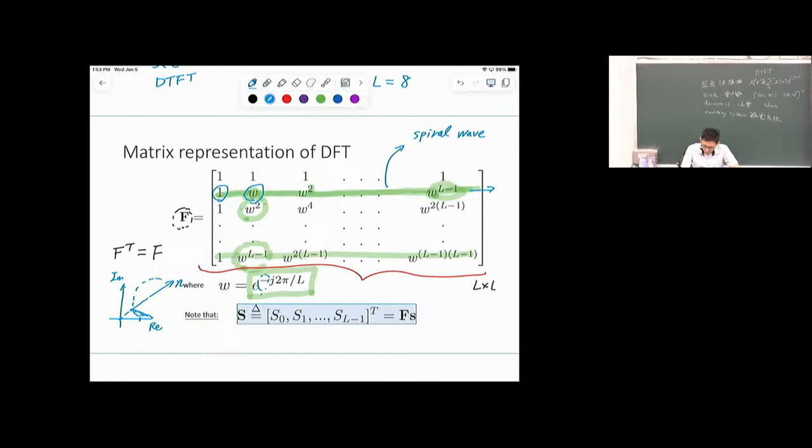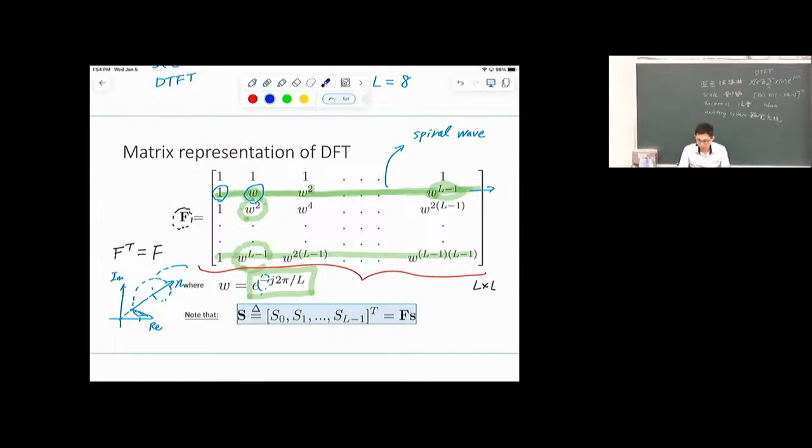It goes this way, clockwise, when time proceeds. As time is proceeding, if you plot the real part and imaginary part, you get a spiral-shaped trajectory like that, and it is periodic. So every row can be thought of as a spiral wave signal at a particular frequency.